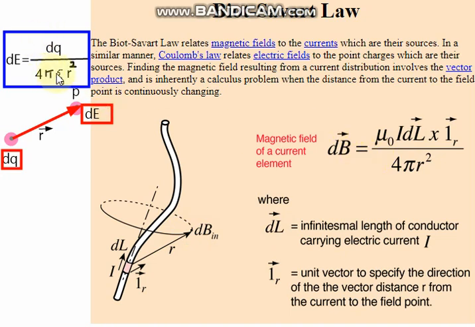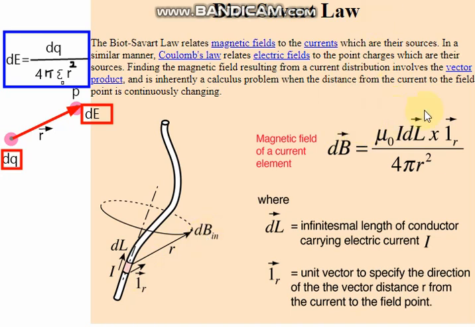Similarly, 1 over 4 pi epsilon naught is replaced by mu naught over 4 pi. There is an inverse square relationship for the electric fields. In the same way, there is an inverse square relationship for the magnetic fields as well, whereas this one is the unit vector r hat in the direction of r.